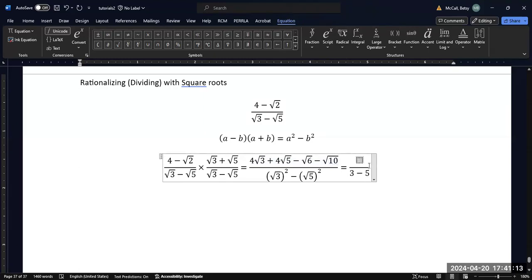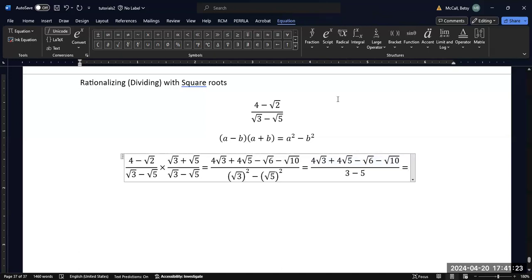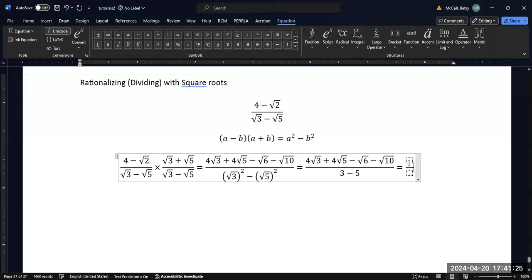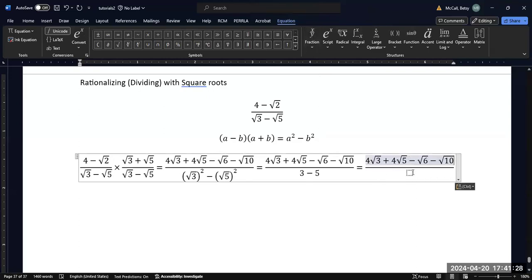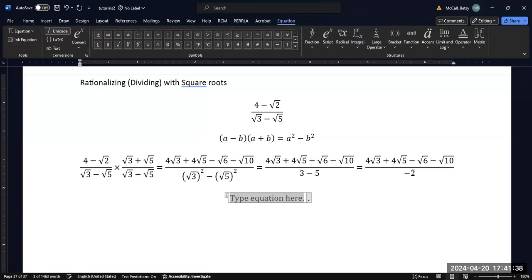And then in my denominator, this is just going to become a negative 2. And because of the way my radicals were, it turns out that I can't actually simplify this very much more beyond this. But 3 minus 5 is negative 2. And so what I can do is I can divide each of these by -2.